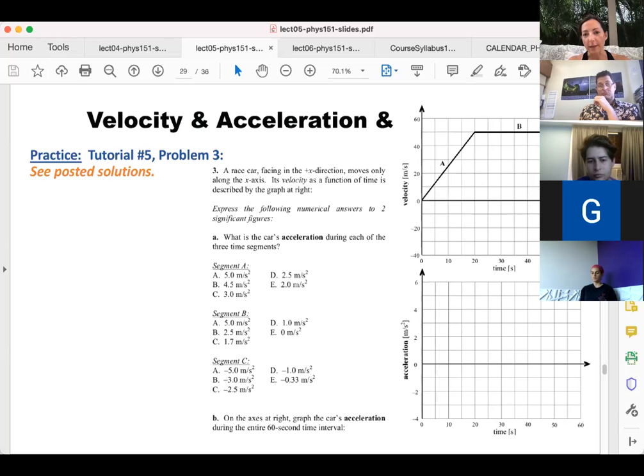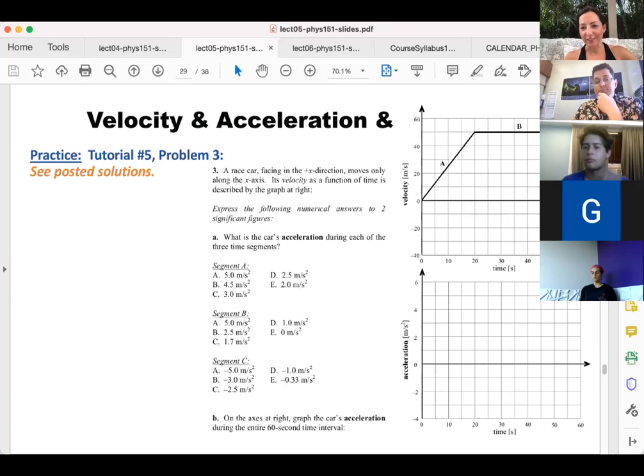Next time I will try to do it online with you. Now I just got my iPad to be able to write directly on the slides, but from the next time I will start. So 20 minus 50, divided by delta t, which is 60 minus 50, is 10 seconds.